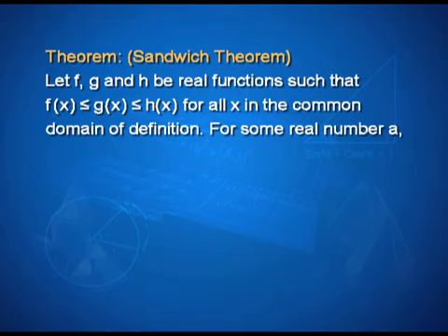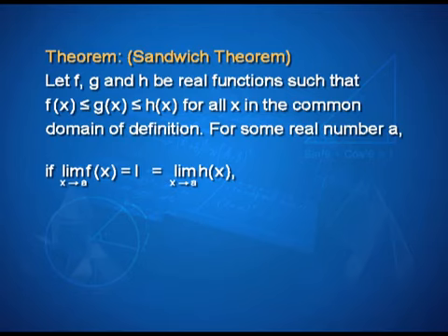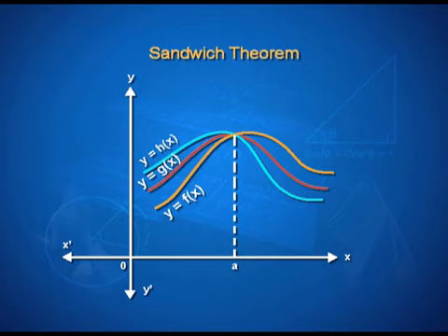For some real number a, if limit of f of x as x tends to a is equal to L, that is equal to limit of h of x as x tends to a, then limit g of x as x tends to a is equal to L. This is illustrated in the figure.